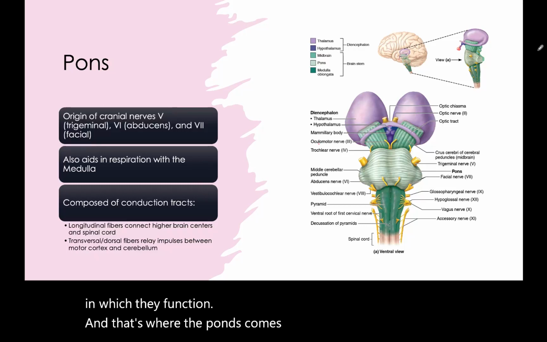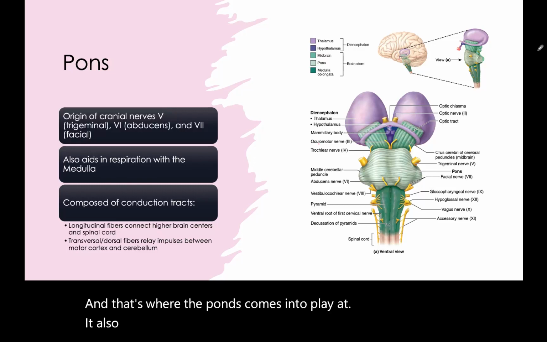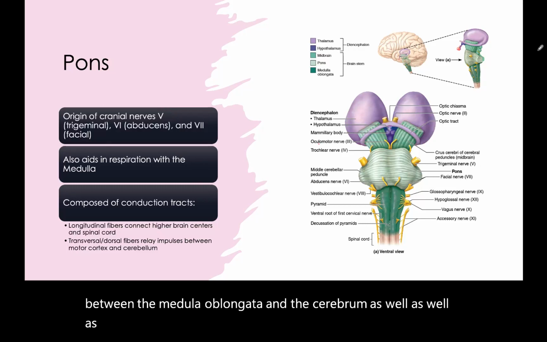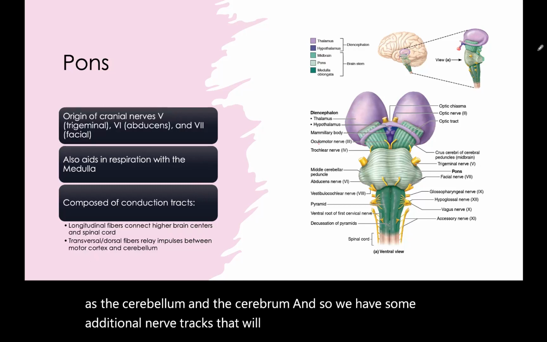It also serves as a relay station, if you would, or intermediary between the medulla oblongata and the cerebrum, as well as the cerebellum and the cerebrum. And so we have some additional nerve tracts that will go through that area in response to that.